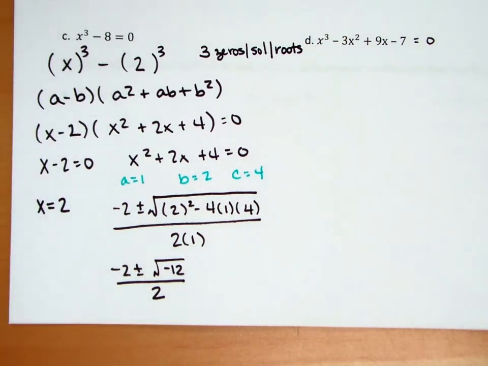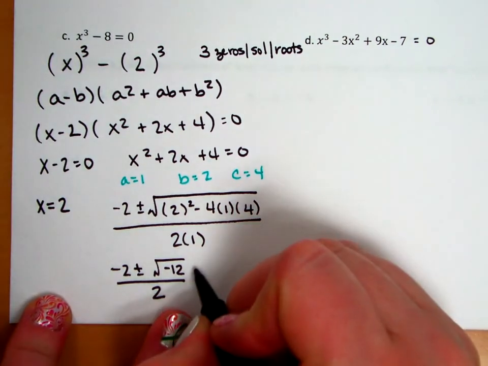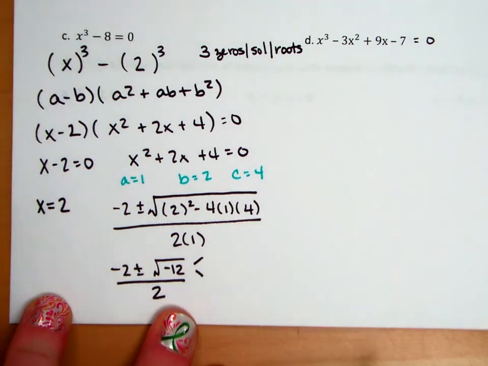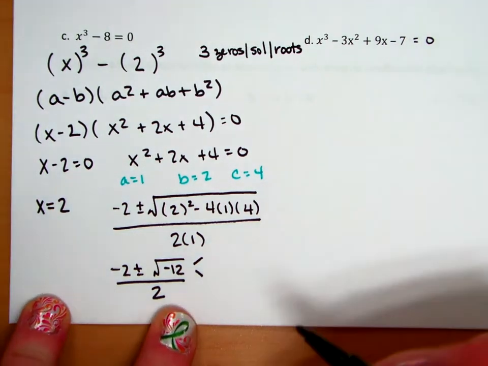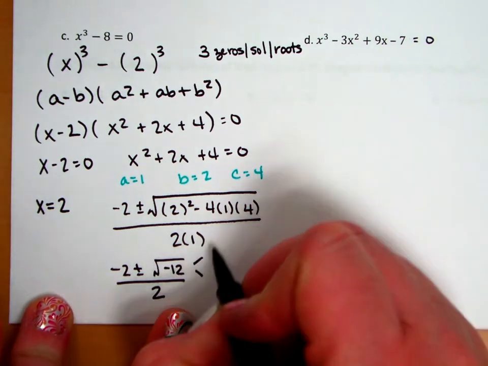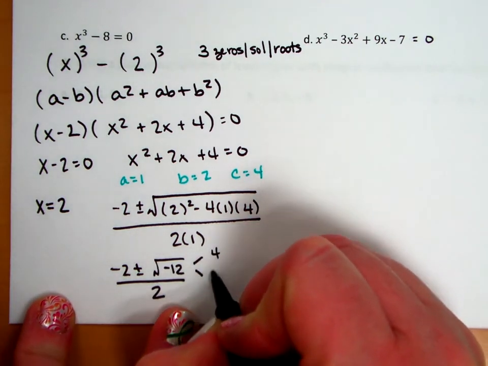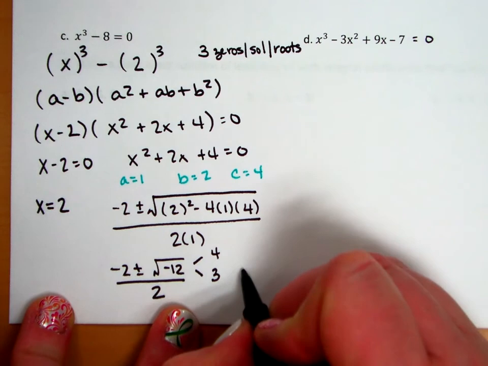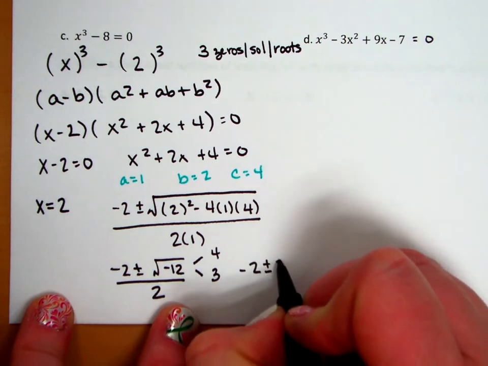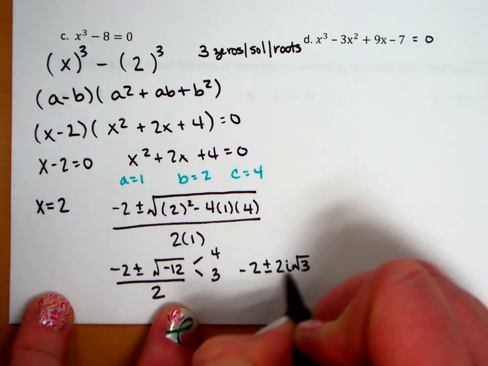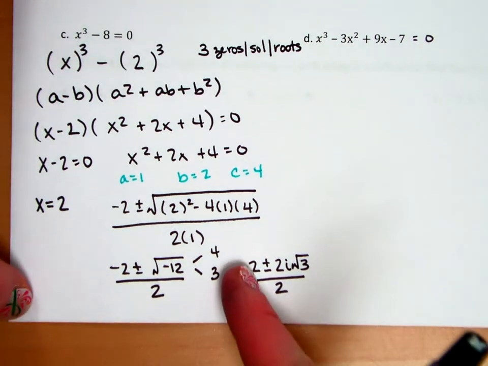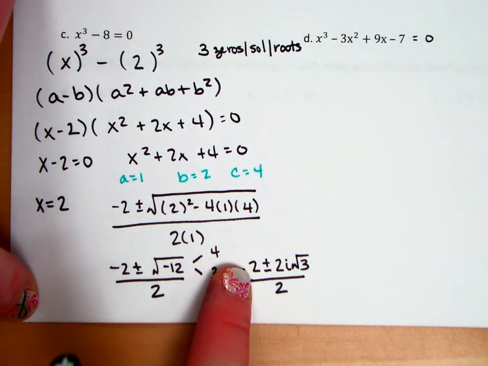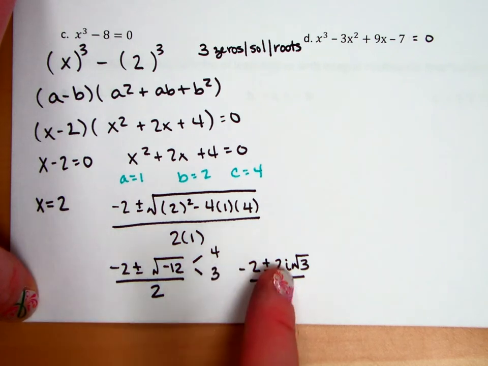-12 is a value that can be broken down into an irrational number because it's a square root, but it's imaginary. So this is actually going to be a complex number in the end. This is 4 and 3. So this would be -2 plus or minus 2i root 3, all divided by 2. Looking at that answer, this 2 in front of the plus minus and this 2 in the back are all divisible by 2.